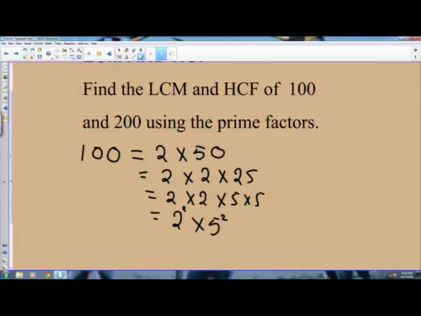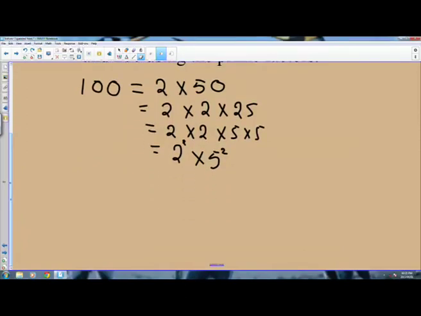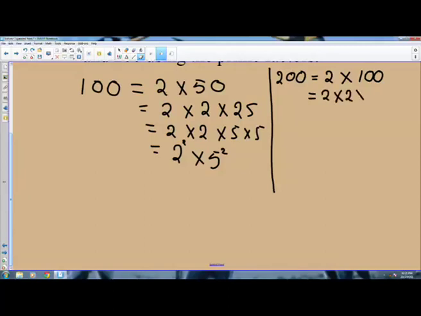Now from there, you go and express 200 as a product of its prime factors. So how do you express 200 as a product of its prime factors? It's 200 this side. It's equals to 2 times 100. This will be equals to 2 times 2 times 50.